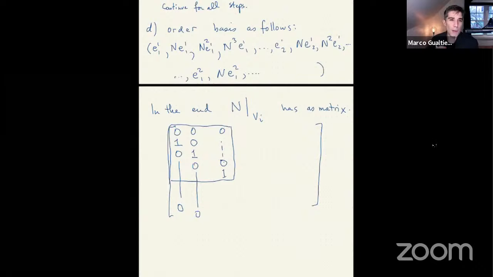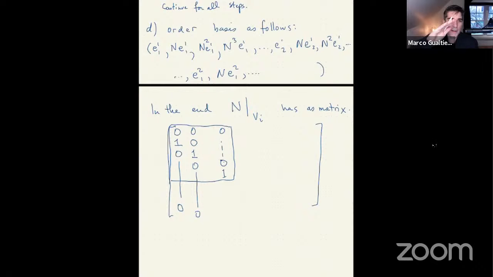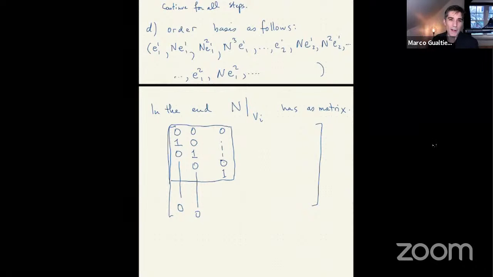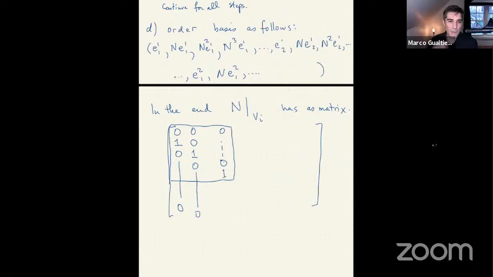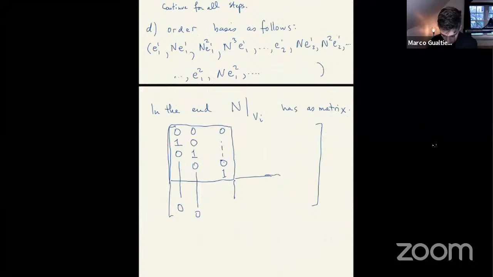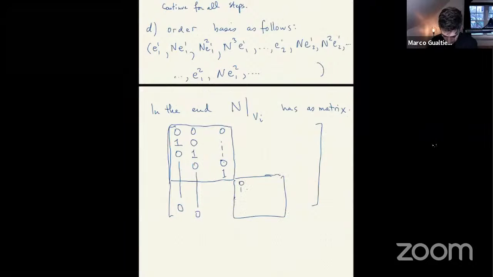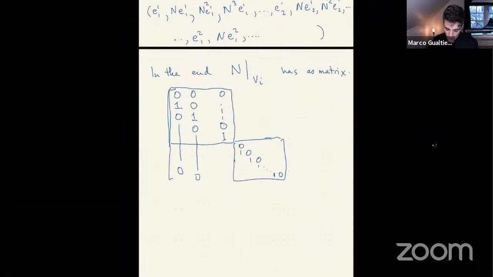I drew the Jordan blocks to have the ones on the upper diagonal rather than on the lower diagonal. Sorry. The way that I set up the ordering here is that it's going to be lower diagonal, but that's okay. Some people draw the Jordan canonical form with the ones just one below the diagonal. Okay, the next is going to give me another Jordan block. Okay, and we're going to continue that way.